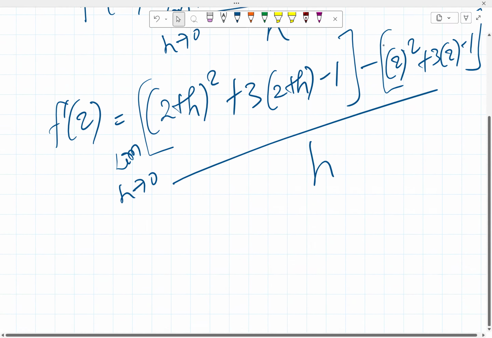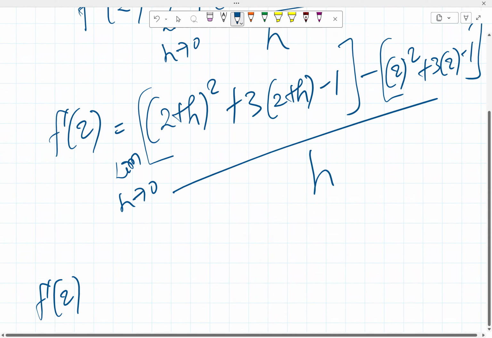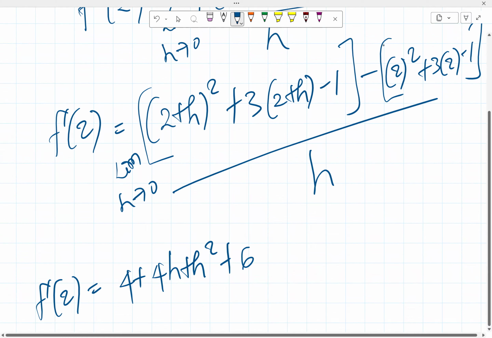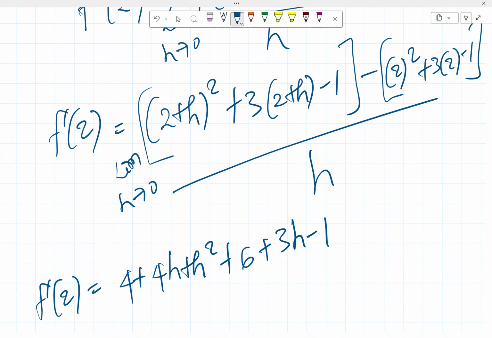So then we can expand all that. So f prime of 2 is, when we square this now, we can be smart about that. That's 4 plus 4h plus h squared plus 6 plus 3h minus 1. And then for this other side, we have minus 4 plus 6 minus 1, all over h.